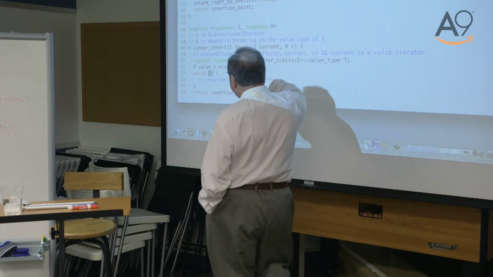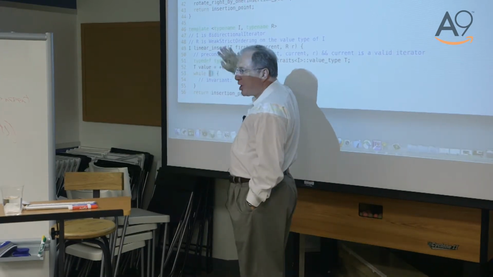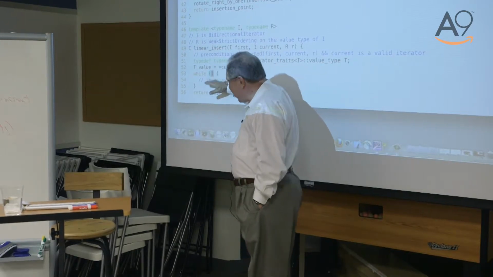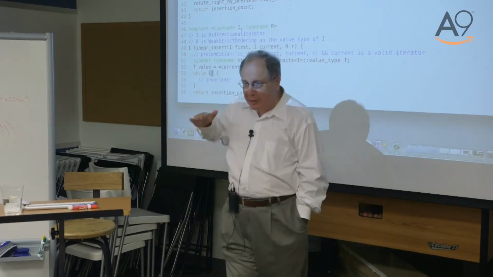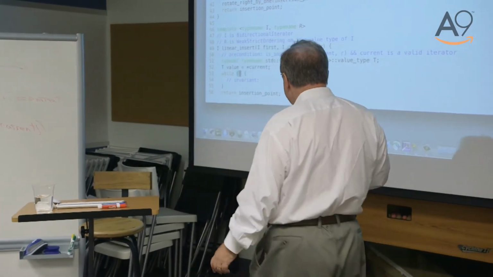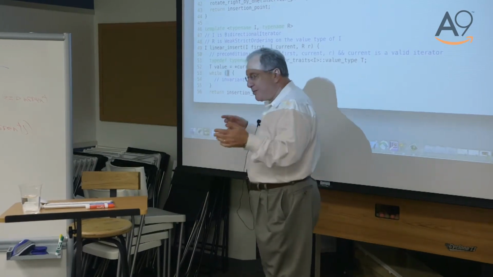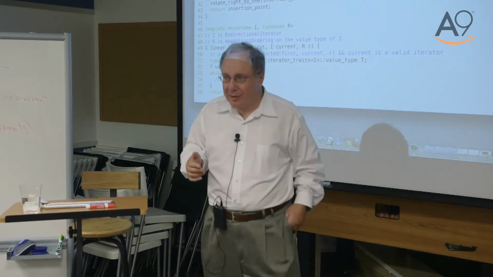Again, guys, this is what I always sort of assume, that there is some code here. But then let's write the loop. Always start with the inside. So we probably want to write some invariant. First is not equal to current.